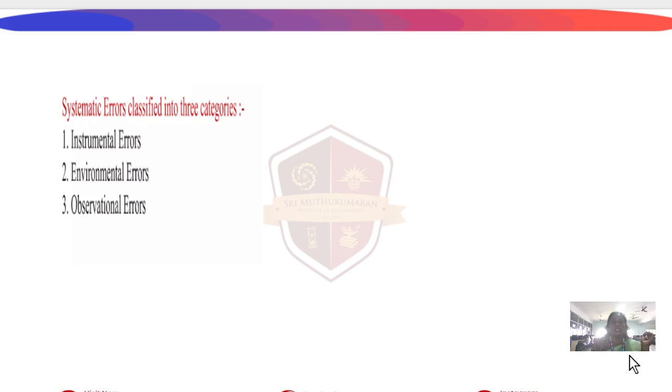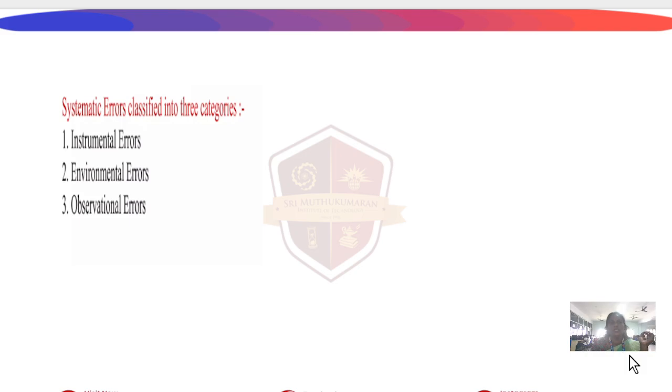First, instrumental error, which is due to defects in the instrument like friction, aging of components, or wrong calibration. Second is the environmental error, caused by temperature variation, humidity, dust, or stray magnetic field. Third is observational error, such as parallax error when reading the scale.